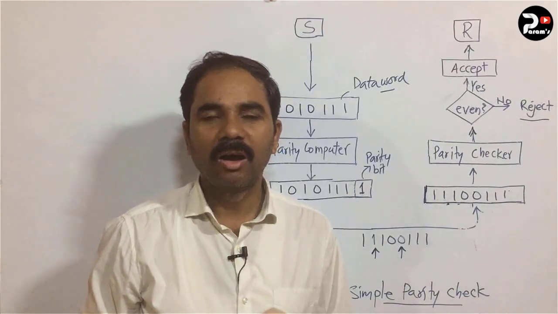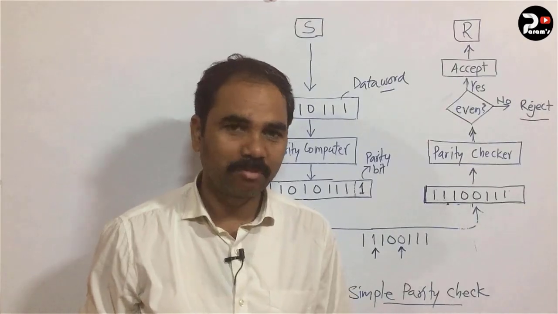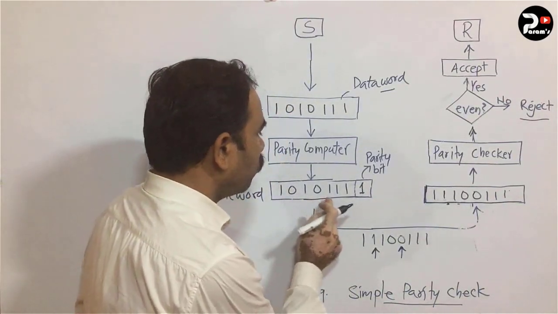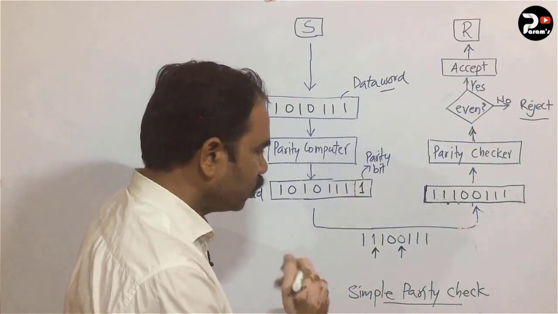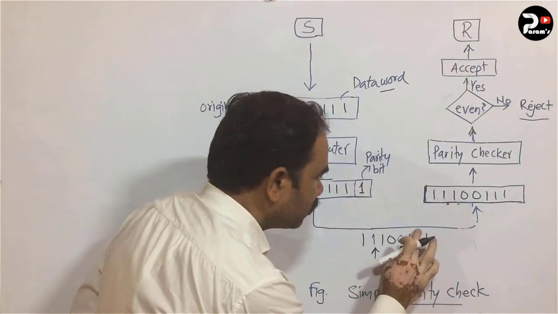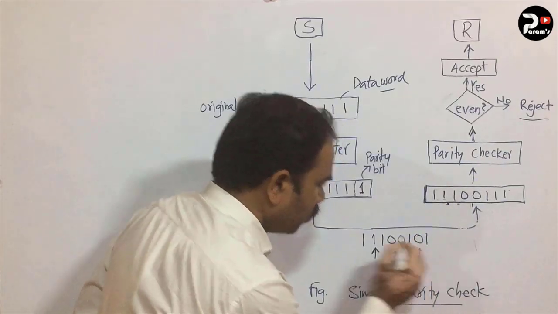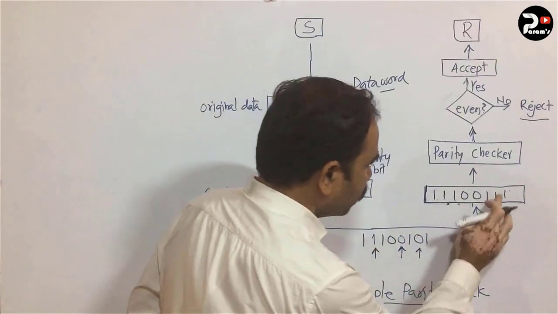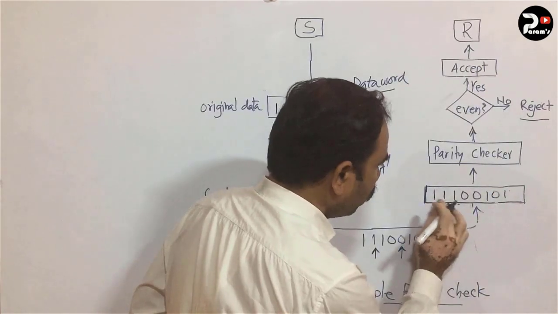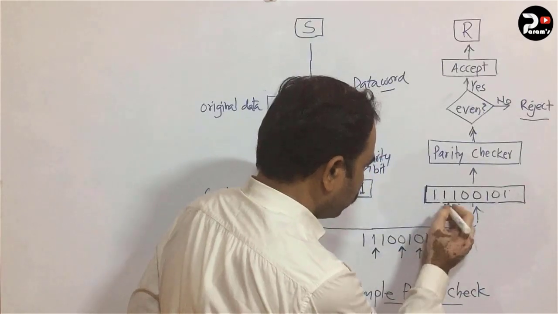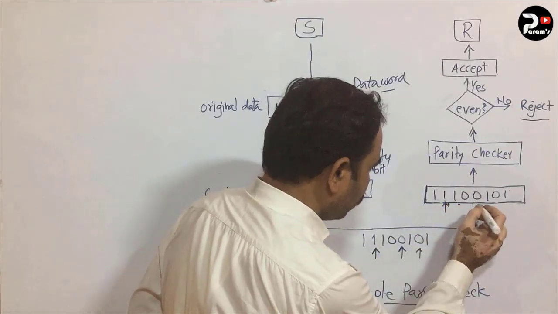Let us now see what happens when 3 bits are corrupted. So we say the sender sends 10101111, but during the transmission 3 bits get corrupted, and let us say this 1 becomes 0. So now the receiver will receive 11100101, but these 3 bits are in error.